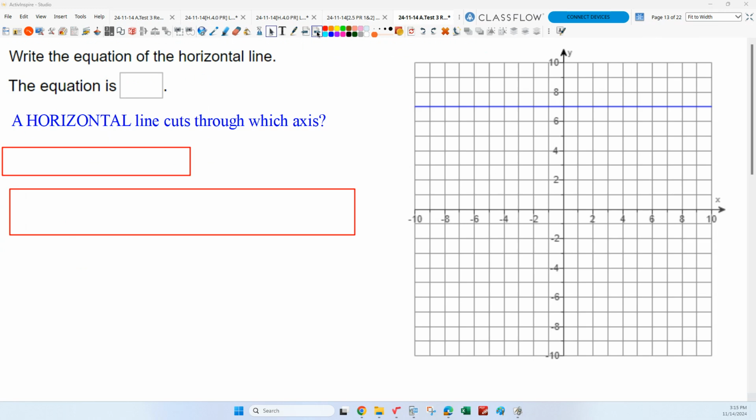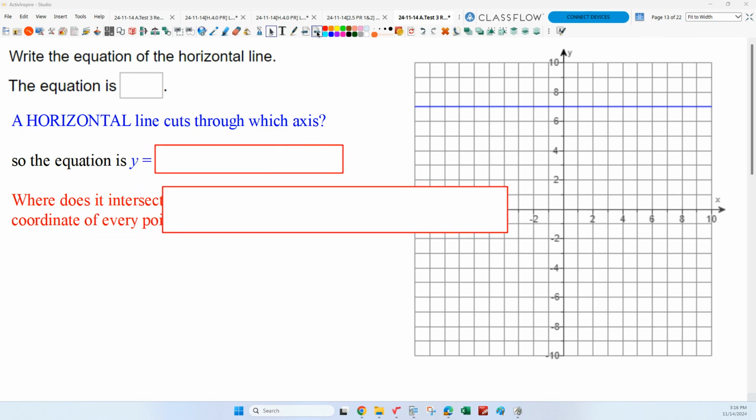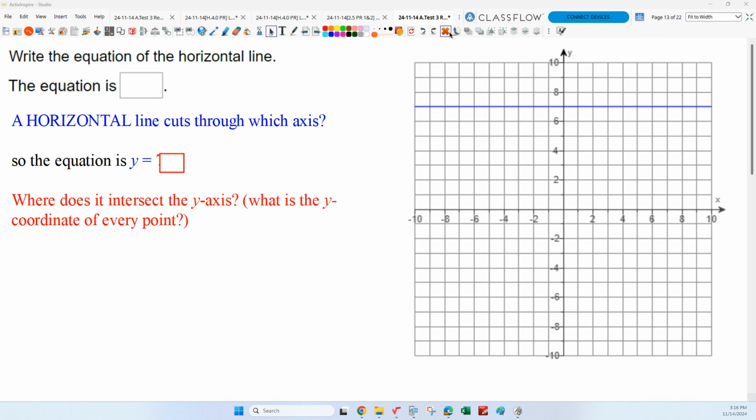So therefore, if it cuts through the y-axis, the equation is going to be y equals something. Y equals what in this case? 7. How come? Because that's the y-coordinate of every point, including the y-intercept. All I have to do is look at the y-intercept, right? Okay, so the answer is y equals 7. Make sense? So again, if it's horizontal or vertical, just ask yourself, which axis does it cut through? And then whatever variable that is, that equals a number, okay?